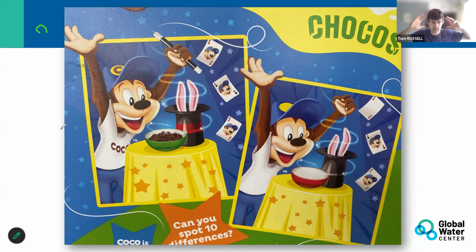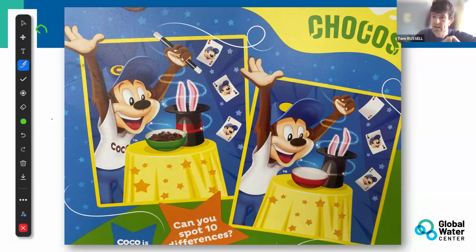We're keen to get as much interaction as we can today, so have a go with that. It should pop up on your left-hand side when you click on this little green pen. Have a go with that as people are joining and see if you can spot the differences. You should see this bar pop up on the left if you click on the green pen if you want to annotate the slide. So feel free to draw.